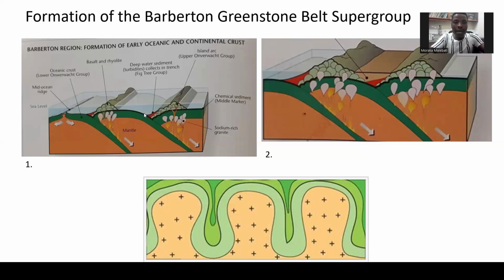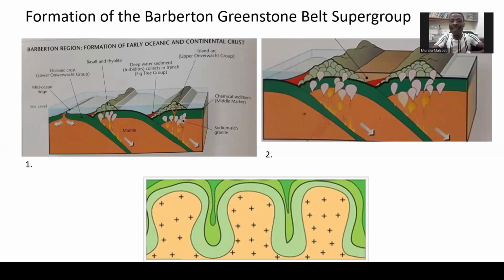Because as you can see, we are destroying the ocean crust right at the middle of these two island arcs. As they are coming closer towards each other, we are destroying the ocean crust.